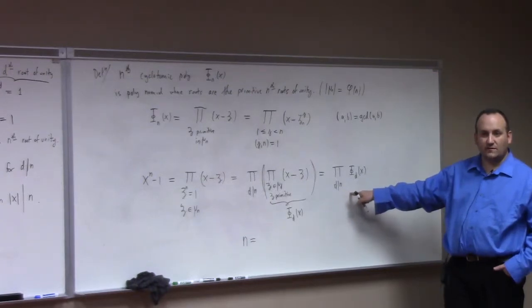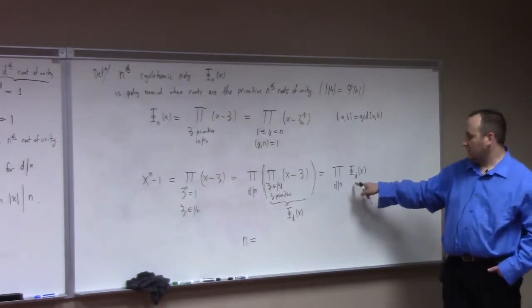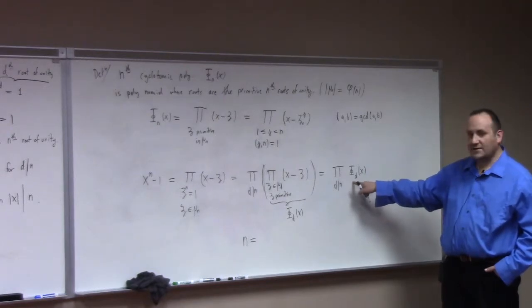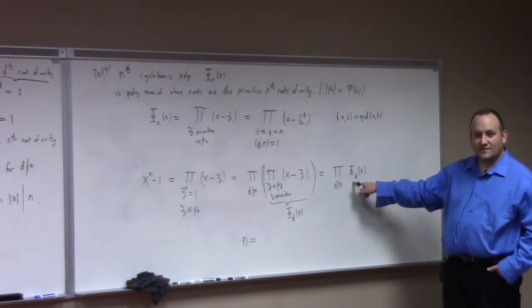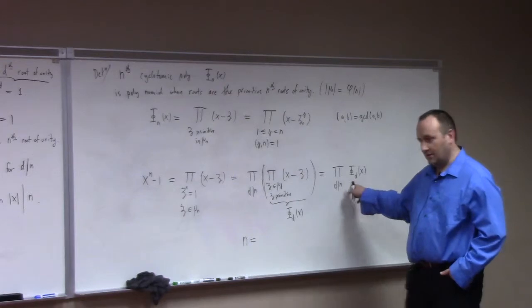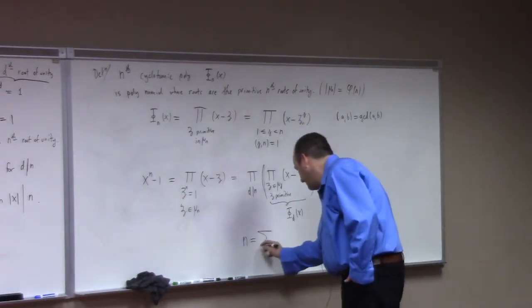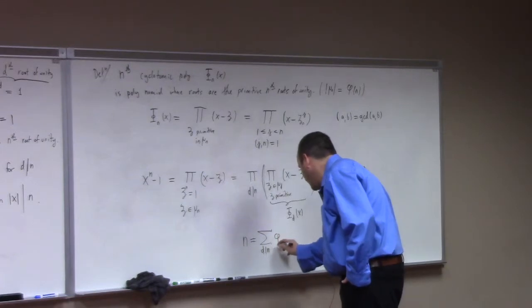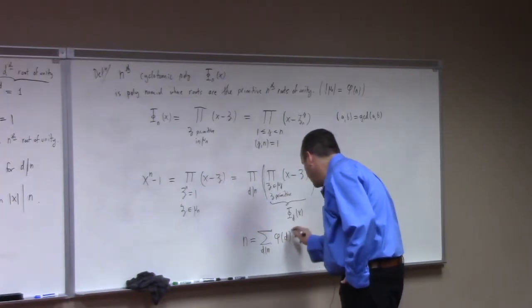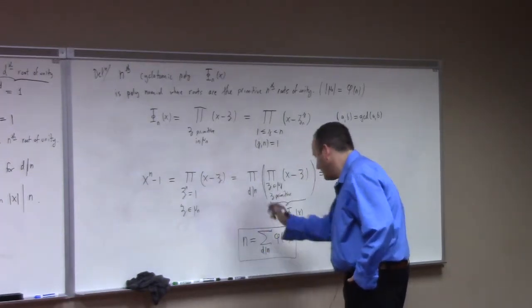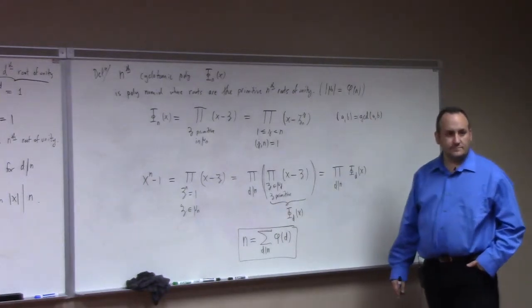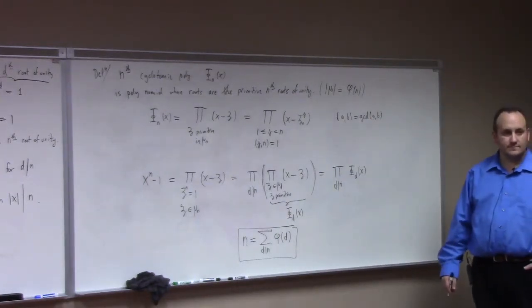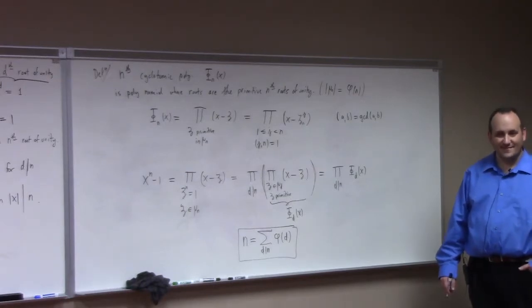You add the degrees together, right? What's the degree of each thing here? The degree of phi d of x, big phi d of x, is phi of d, right? So I take the sum over the divisors of n of phi of d. Remember? Yeah.